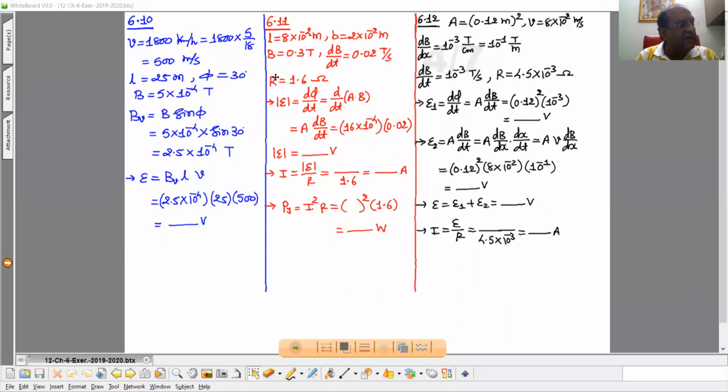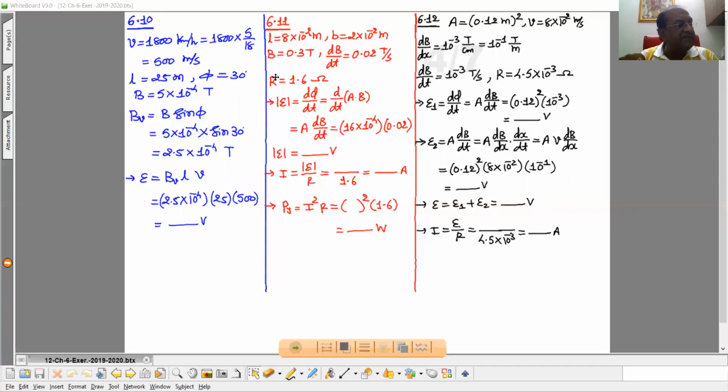It has a gradient of 10 raised to minus 3 Tesla per centimeter. So position wise, 10 raised to minus 3 Tesla per centimeter. This is the rate of change. And along the negative x direction, it increases by 10 raised to minus 3 Tesla per centimeter as one moves in the negative x direction.